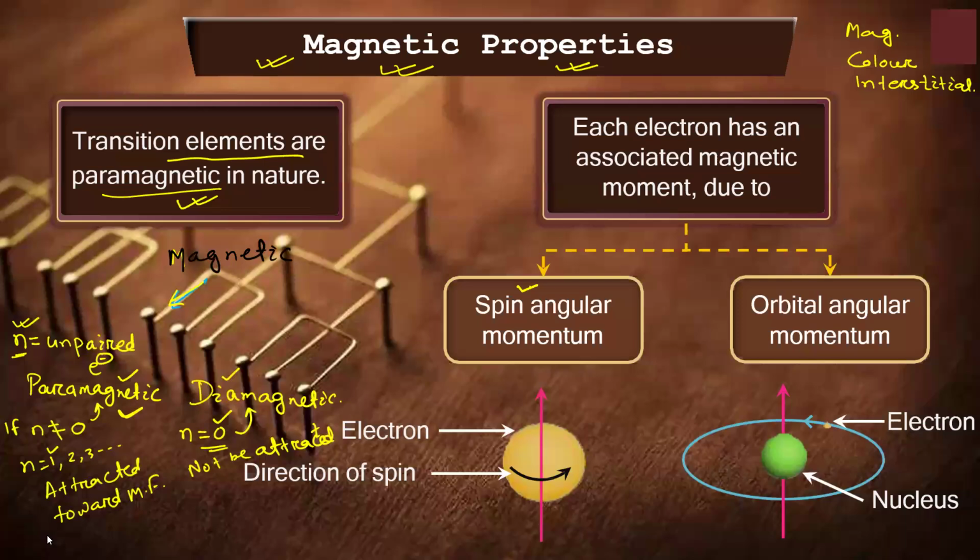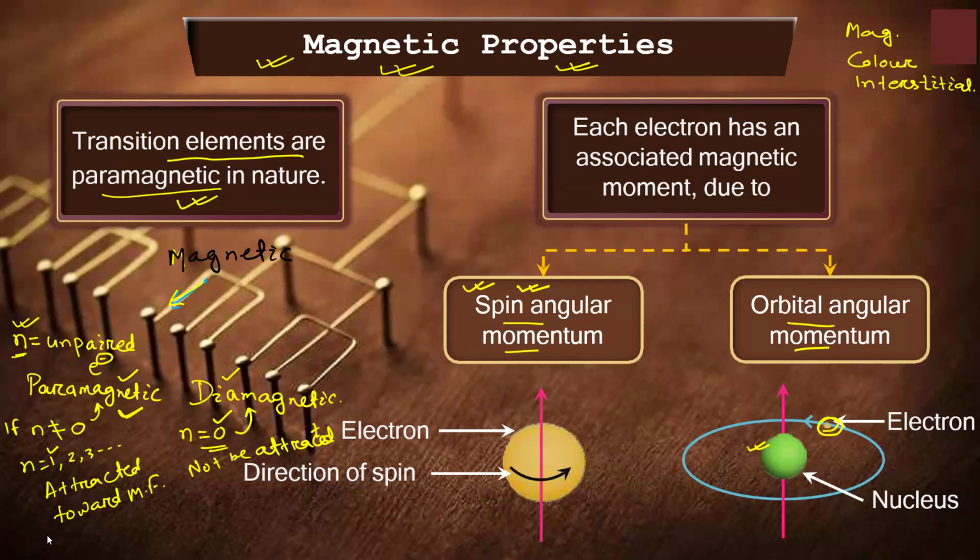One is due to the spin of the electron around its own axis. That is called spin only magnetic moment. Another one is orbital angular momentum. As the electron is revolving around the nucleus, it will be revolving in an orbit or orbital.